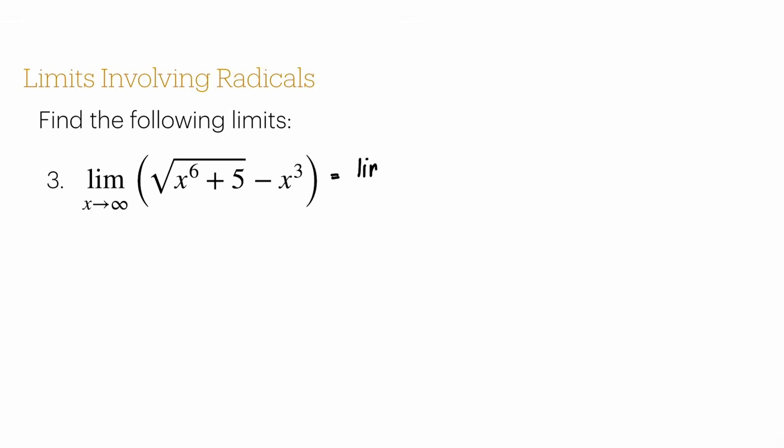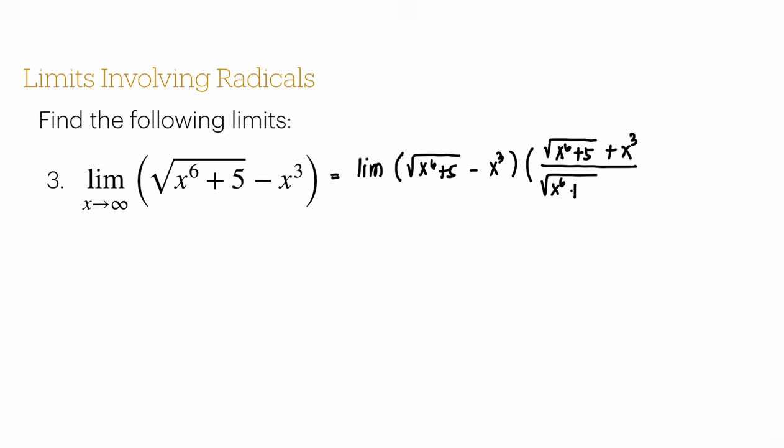So this would now be the limit of the square root of x to the power of 6 plus 5 minus x cubed, multiplied by the square root of x to the power of 6 plus 5 plus x cubed over the square root of x to the power of 6 plus 5 plus x cubed.